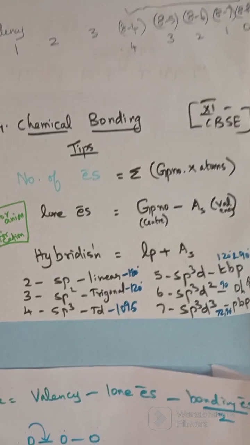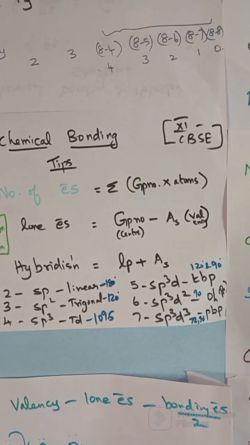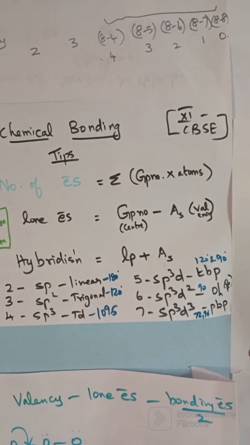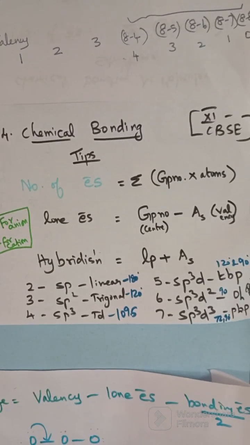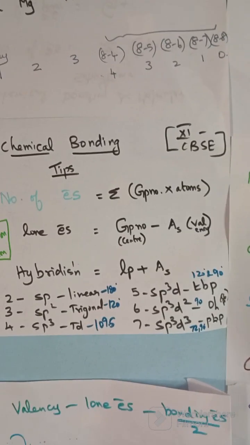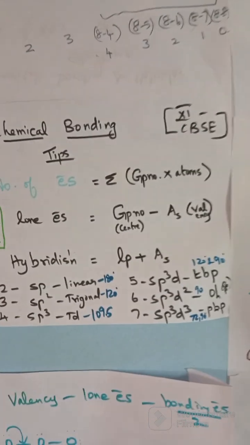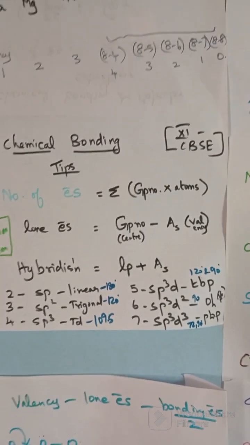The next one is to find the lone electrons. That is group number minus the surrounding atoms multiplied by the valency. And for hybridization, you will take the number of lone pairs plus the surrounding atoms. It may look complicated, but as you do it, it looks very simple.